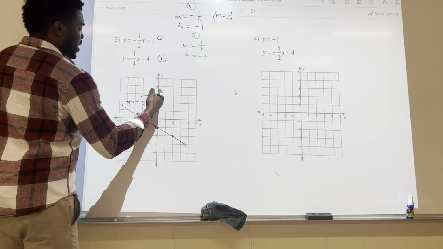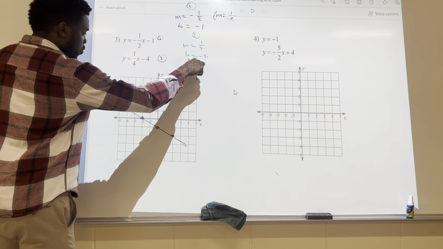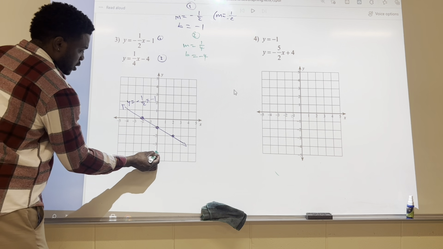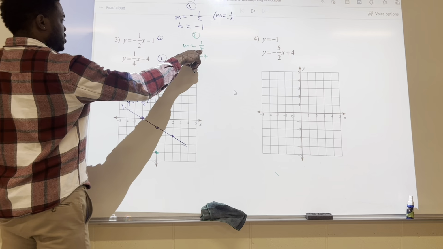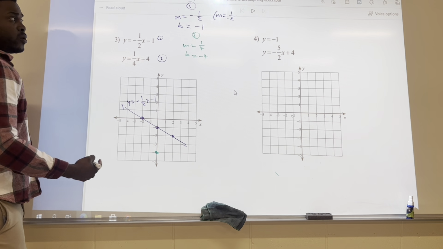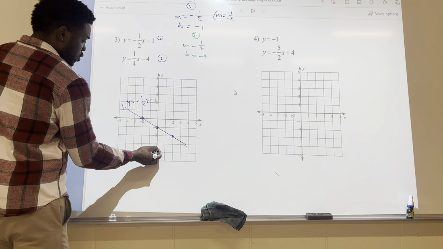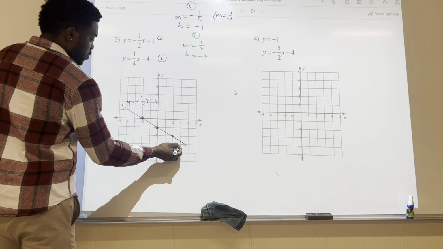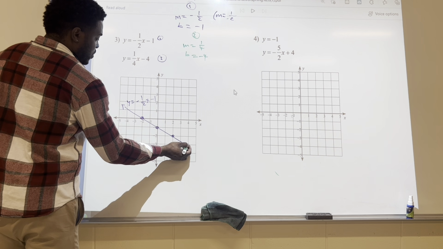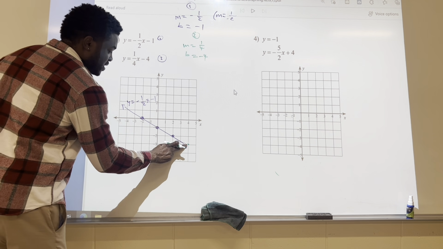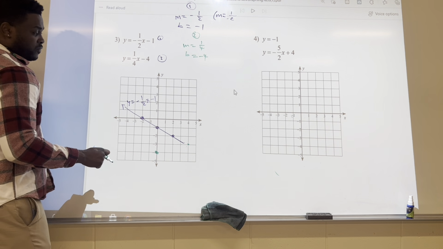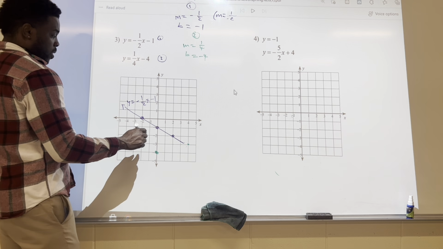So I can start plotting my y-intercept, which is at negative 4. And then I can say that my slope is up 1 and then over 4, right? So up 1, over 4: 1, 2, 3, 4. I am over here. So there's one problem here: I have to extend my graph in order to find the intersection, right?